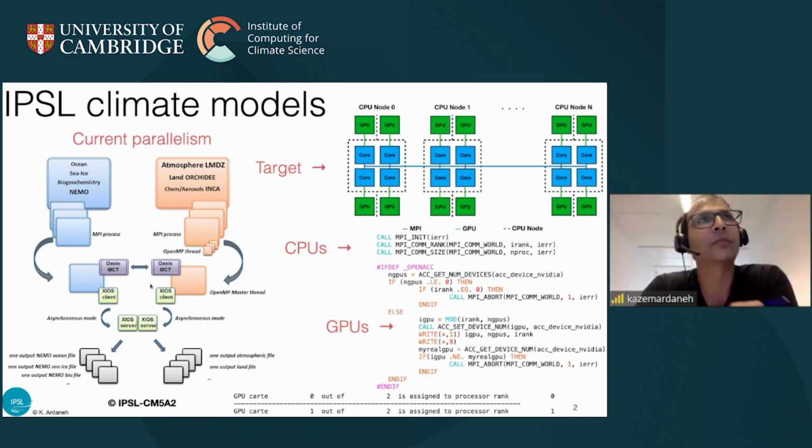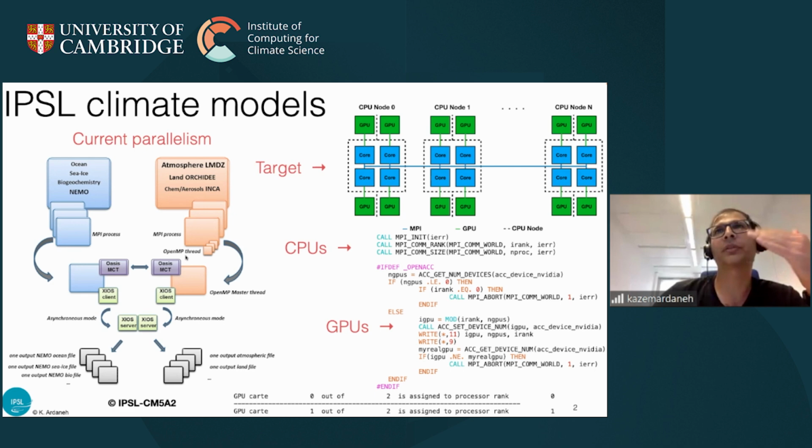The current parallelism in the atmosphere and land model is MPI, where we decompose the domain between the processors, and in each processor, we use OpenMP. But the NEMO model is full MPI.